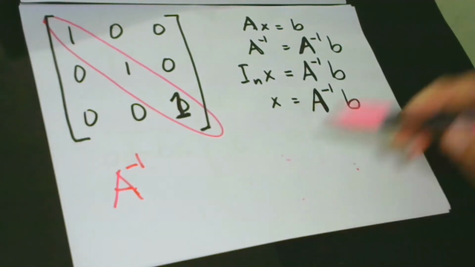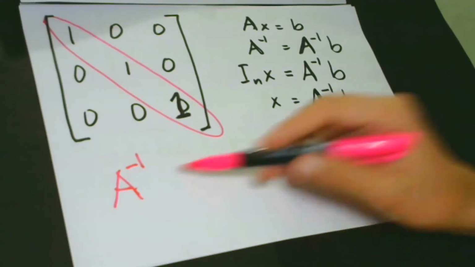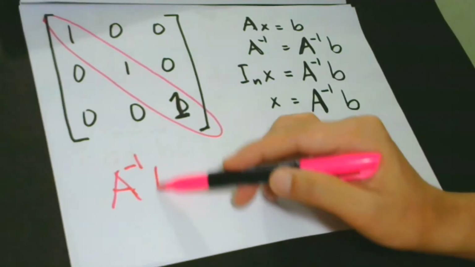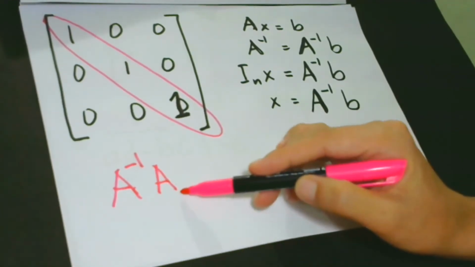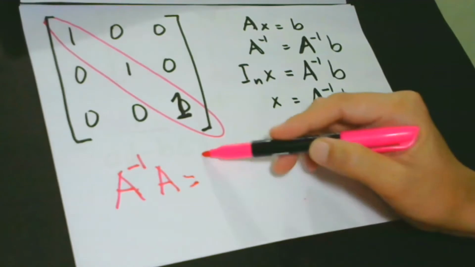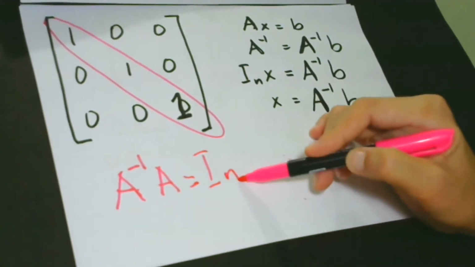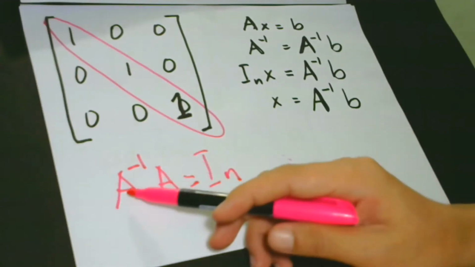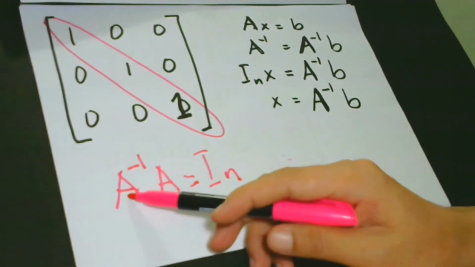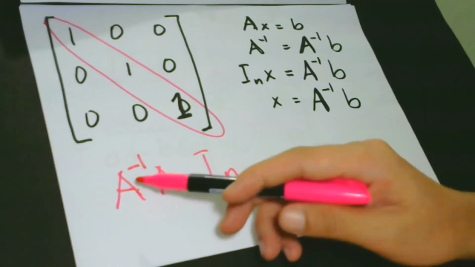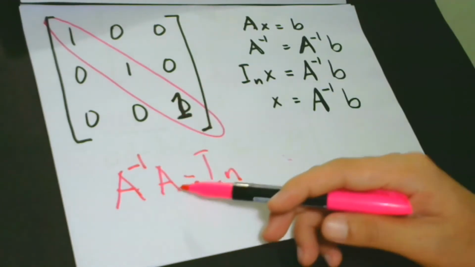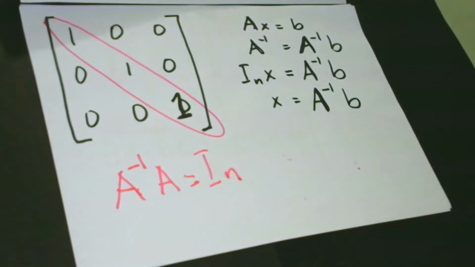It's defined as the matrix such that A^-1 A, where A is the original, is equal to the identity matrix, which means when we multiply the inverse matrix and the original matrix, the result is the identity matrix.